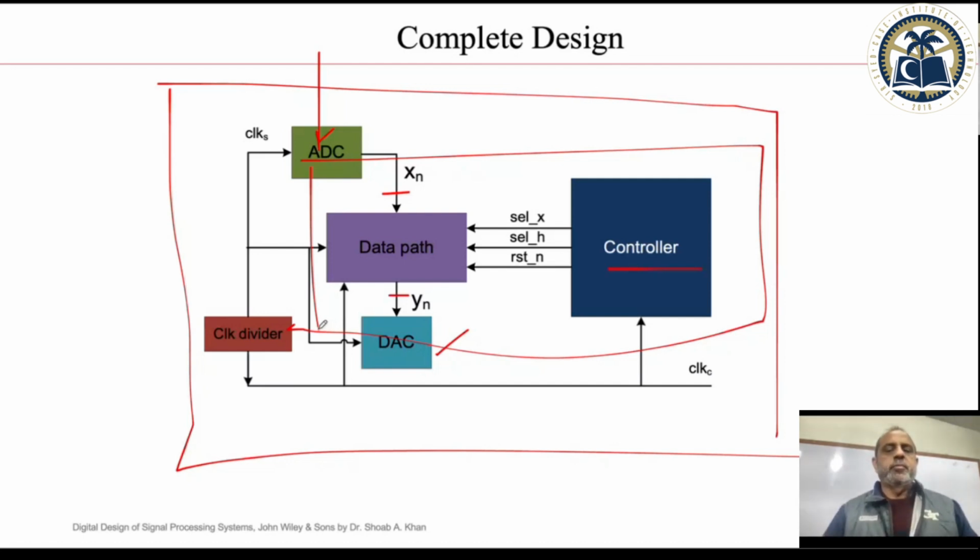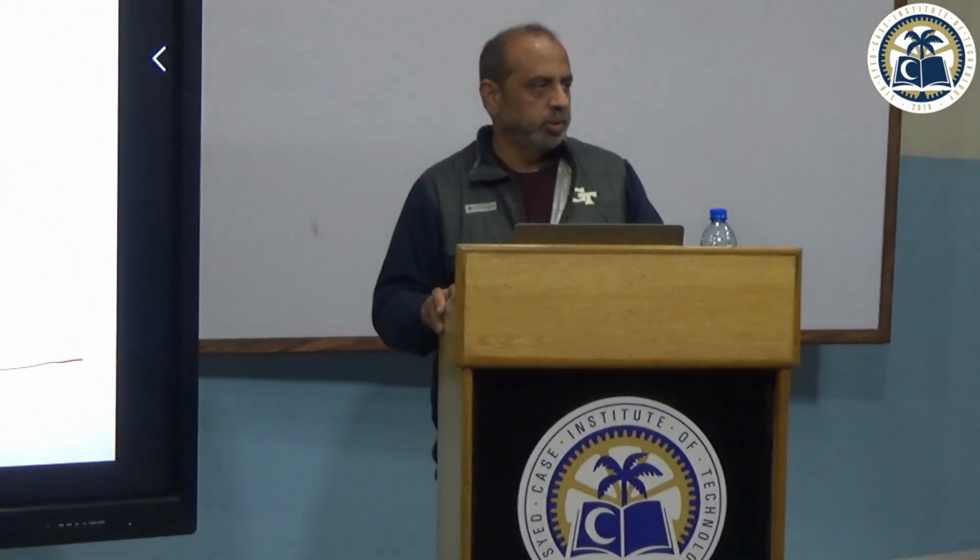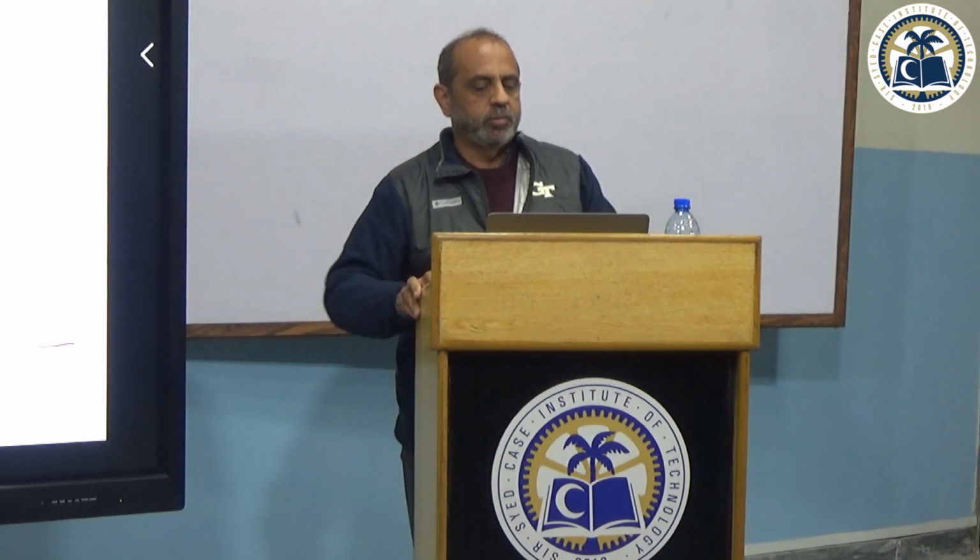As somebody asked, though my sampling rate is very high, my clock rate is slower. It means that you have to replicate that logic multiple times to ensure that you can process that high throughput data. So the controller is going to be an important part of your design.